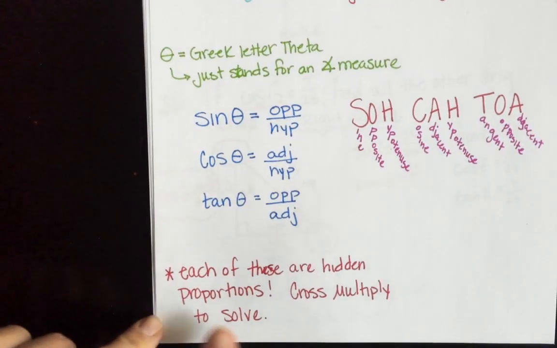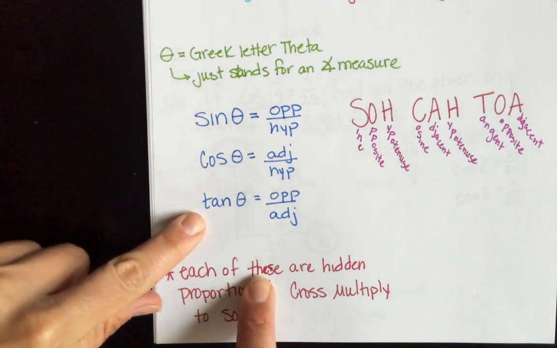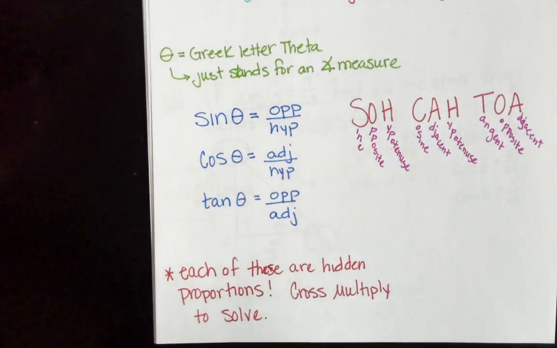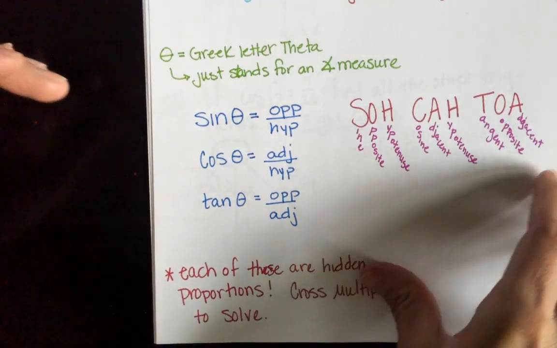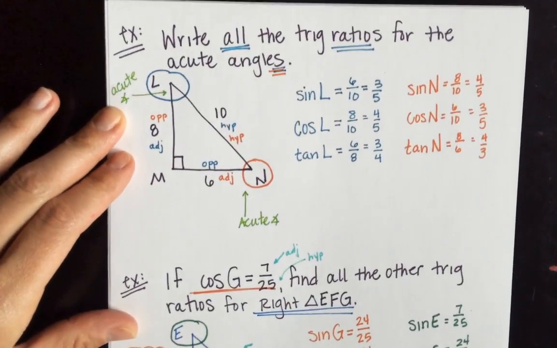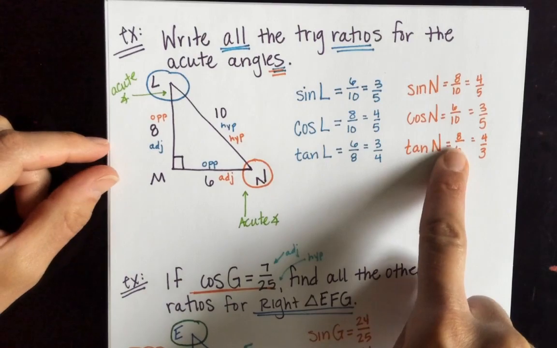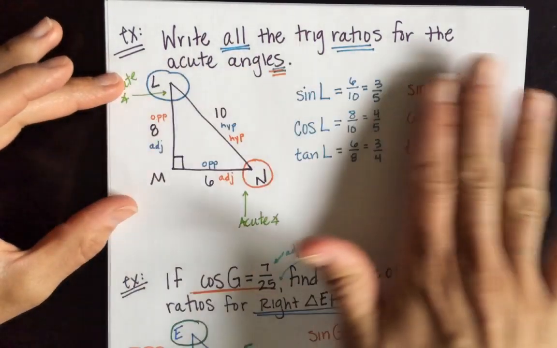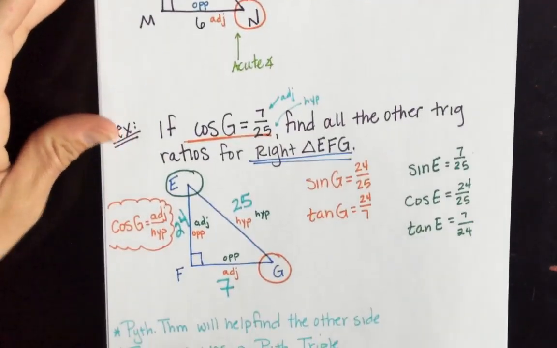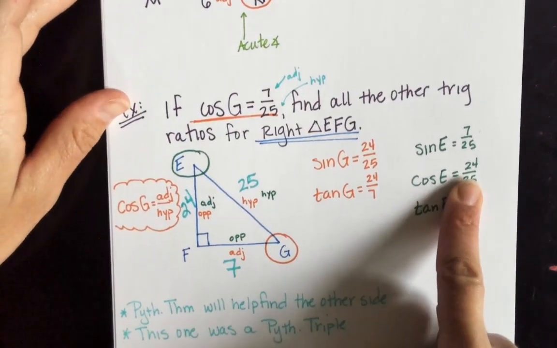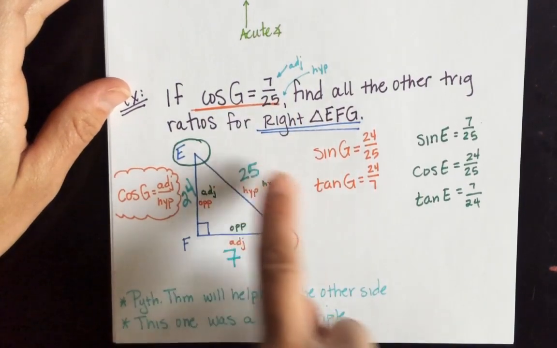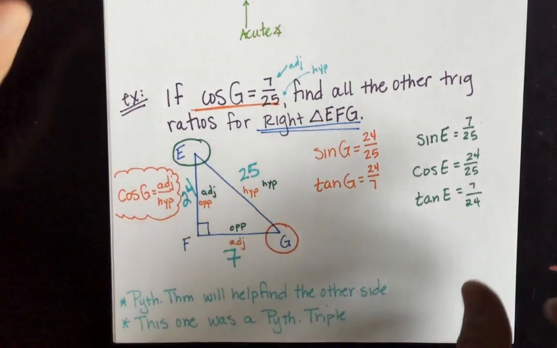We said that each of these is actually a hidden proportion, that each could be over 1, and I would eventually cross multiply to solve for a missing piece. Then we looked at two examples as practice for setting up the ratios. Again, we're not solving for any missing pieces here, just setting up the ratios. We did a problem where our ratios weren't already given, and we had to use our knowledge to set up the triangle to find all of our ratios.